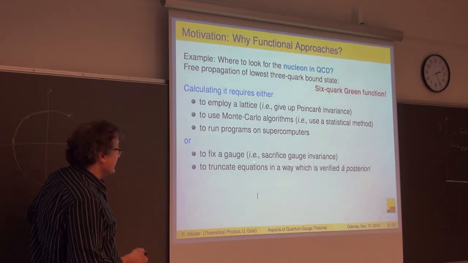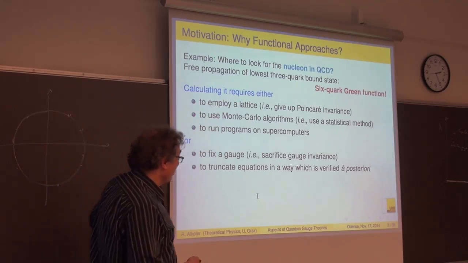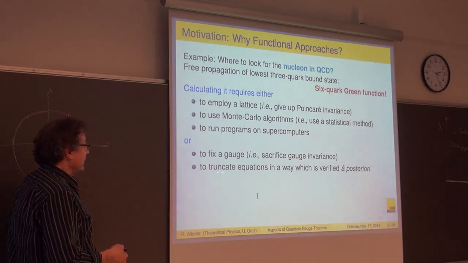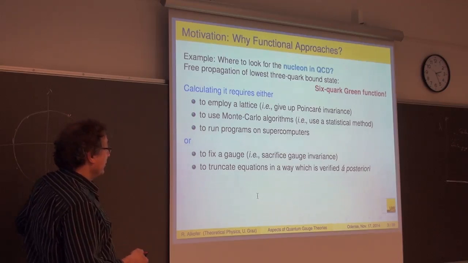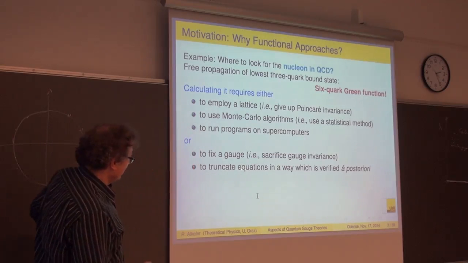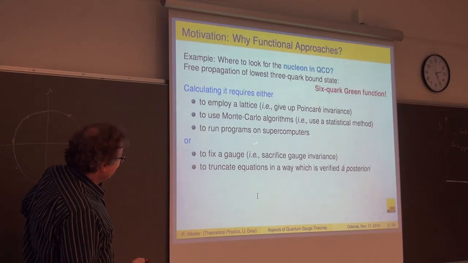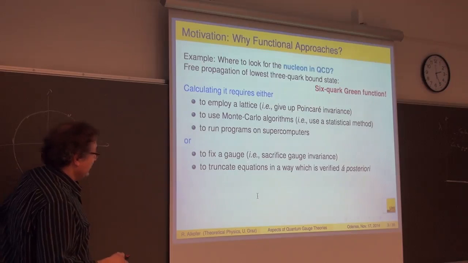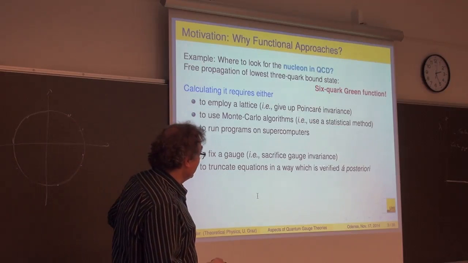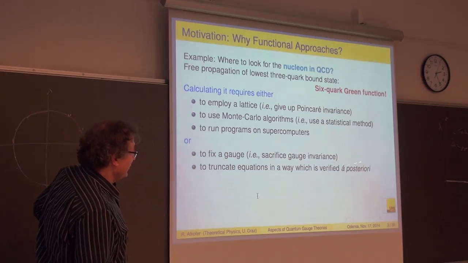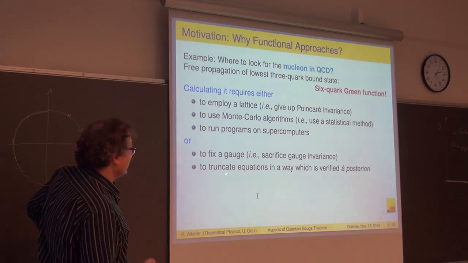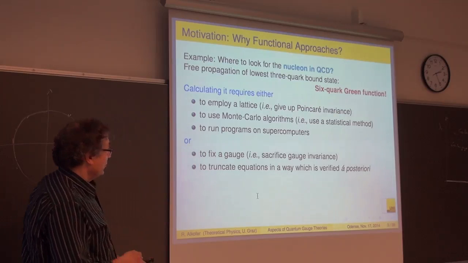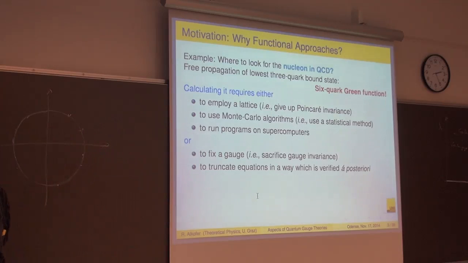And in some sense, this immediately will buy you problems with gauge invariance, and I will remark on it. And you get an infinite set of coupled equations. And of course, in order to numerically solve them, you need to chop off the equations at some point, truncate them. And you have some physics guiding principle how to do this. But typically, only the results in the end are going to tell you whether you did a good job. It's not something systematic, it's something which you look upon a posteriori.